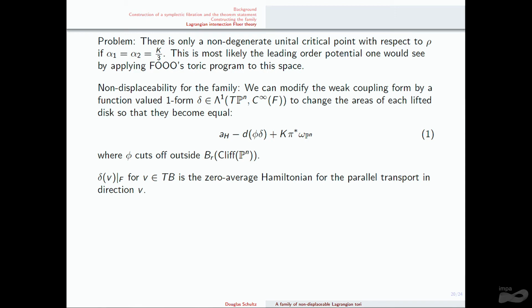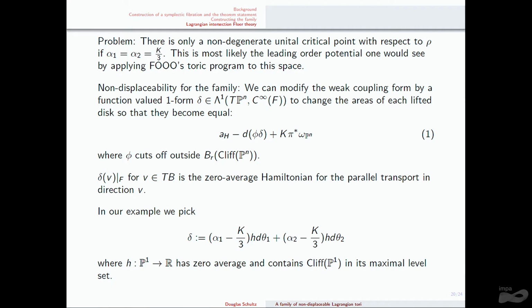doing, what's it doing with the disks that live on the fibers? It's not doing anything. This is not doing anything. It's still... So you can take delta to be this, and so there's no fiber directions showing up.